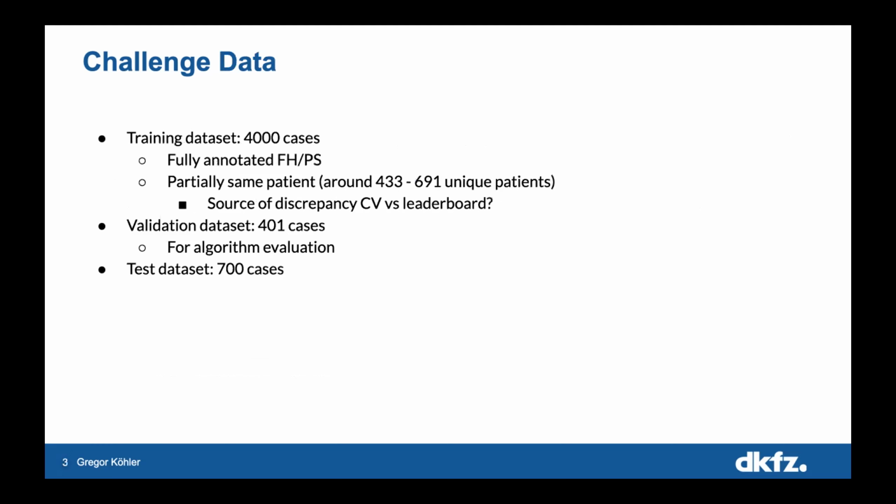And so a little bit about the challenge data. We had 4,000 images, which are fully annotated with both classes. And we found that it looks like the data comes from somewhere around 400 to 700 unique scan sessions.